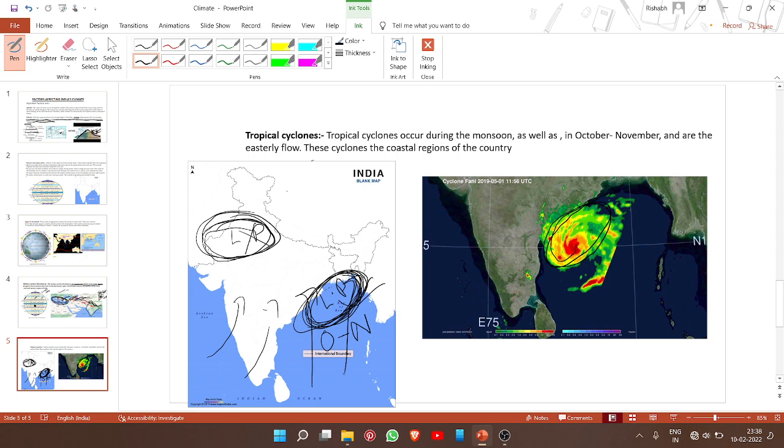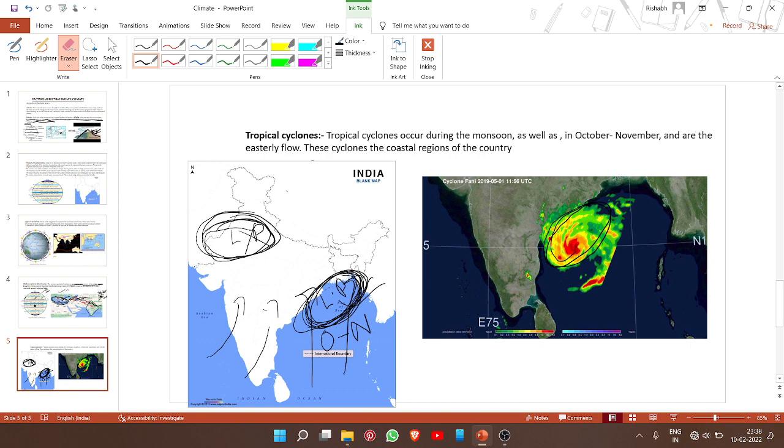So I think it will help you to learn. If it helps you learn, then write down this point. Tropical cyclones occur during the monsoon as well as in October, November and are the easterly flow.